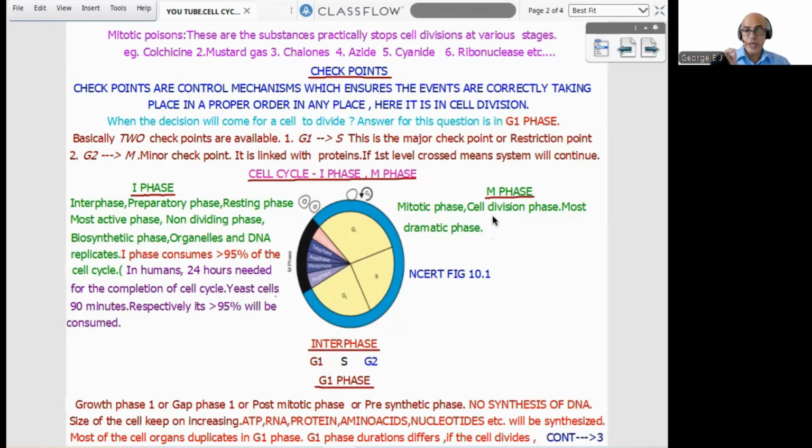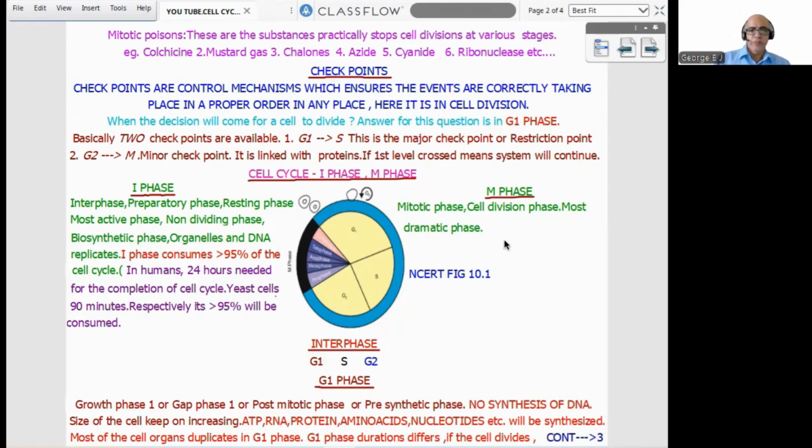The I phase consumes more than 95% of the entire cell cycle. NCERT gave data that in humans 24 hours are needed for the completion of the cell cycle. Similarly, yeast cells need 90 minutes. So respectively for 24 hours or 90 minutes, more than 95% will be consumed by the I phase. Problem type question.